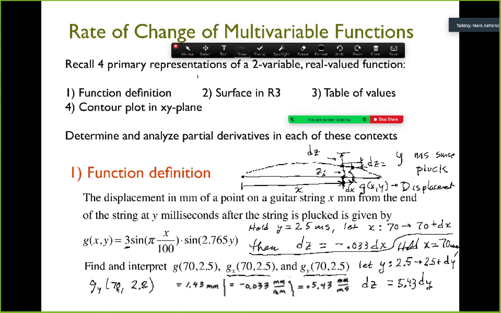If I put a different y in that formula, I'm going to get a different rate of change. These little equations are based on the rate staying constant, and that's only true for very small changes around our independent variables. As soon as you move out, say 72, 73 millimeters, or 2.8, 2.9 milliseconds, this is all off the table because you're going to have a new rate of change.